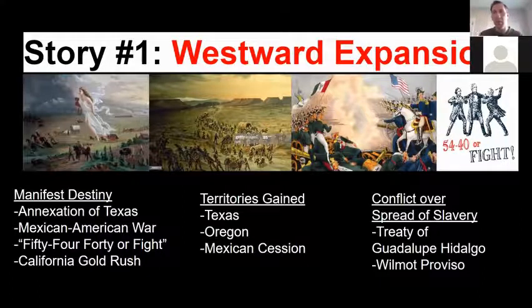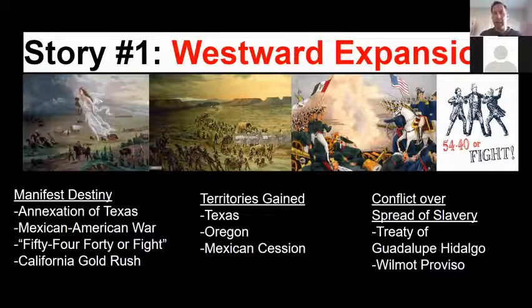So, after the annexation of Texas, when the Mexican-American War breaks out, there's a declaration of war with Mexico, and there's a guy by the name of David Wilmot who proposes, as part of the declaration of war with Mexico, that we ban slavery in any new territory that would enter into the United States as a result of the Mexican-American War.